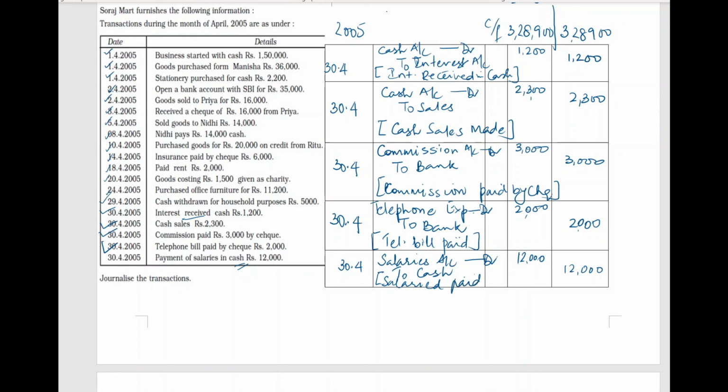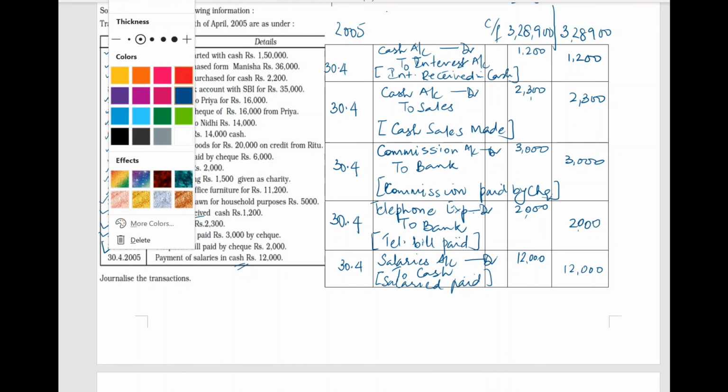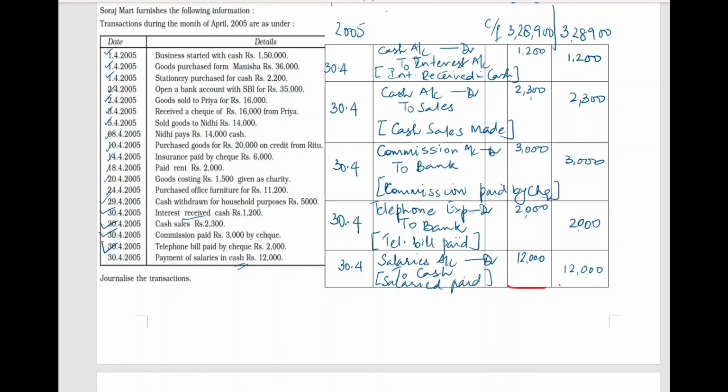Now I'll do the final total. So I'm going to do the final total here. My debit should tally with credit.